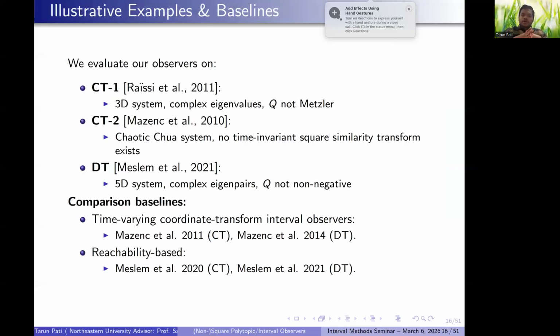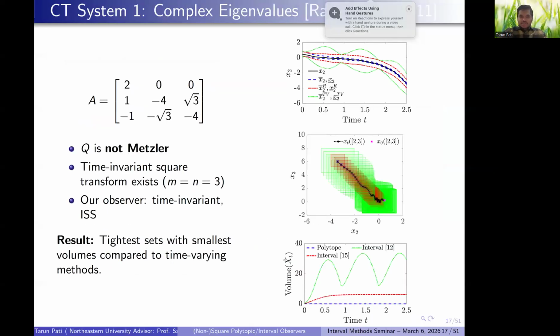To illustrate the effectiveness of our proposed approaches, we use three case studies. The first one is a simple example with complex eigenvalues whose dynamics are given here. We provide the results with the polytopic estimates as well as the interval estimates in the figures on the right.